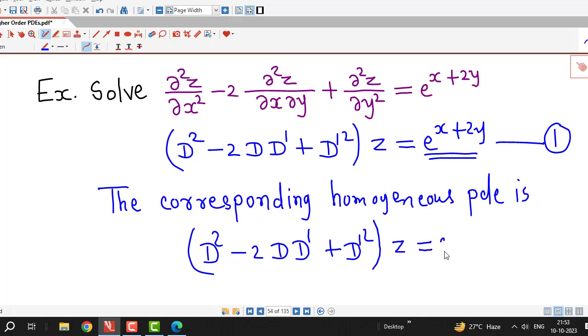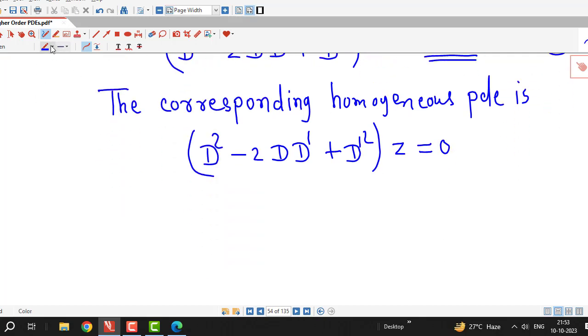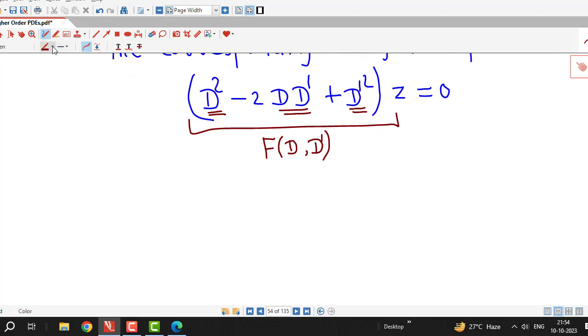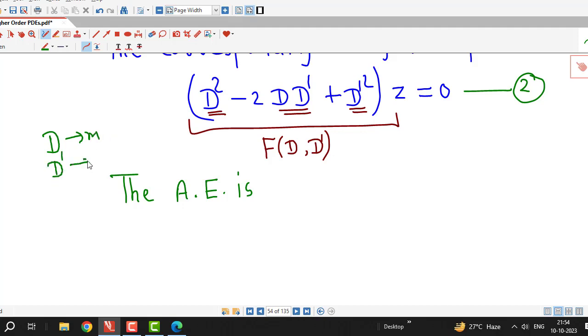Now here we can observe that this is our function capital F of D and D', and we can see it is homogeneous. The degree of each term is the same and it is 2. So we know how to find the general solution of this type of homogeneous equation if F(D,D') is homogeneous. For that we first have to write down the auxiliary equation. The auxiliary equation is written by replacing D by m and D' by 1 in F(D,D') and equating to 0.